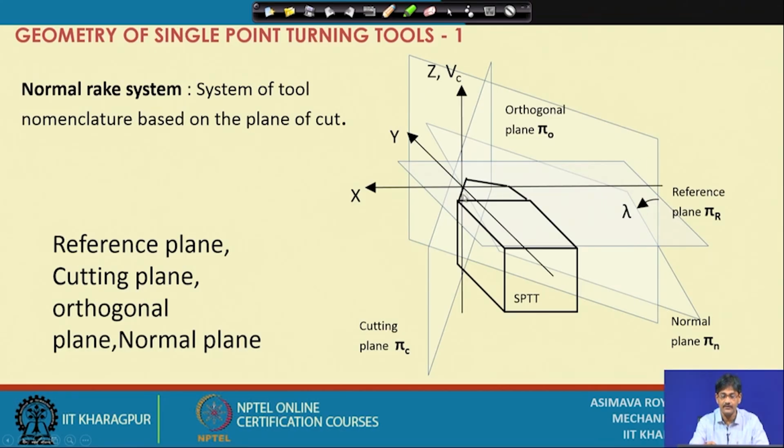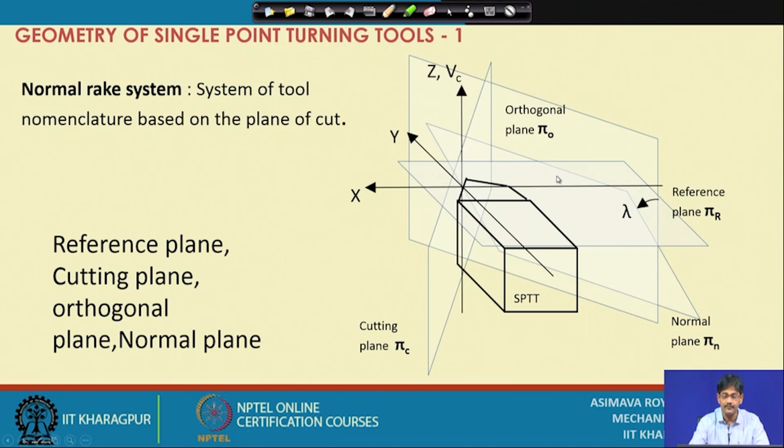First of all, if we start with the cutting edge, this is our cutting edge. The plane containing the cutting edge and also the velocity vector is the cutting plane. Perpendicular to the cutting plane and perpendicular to the reference plane, we have the orthogonal plane.